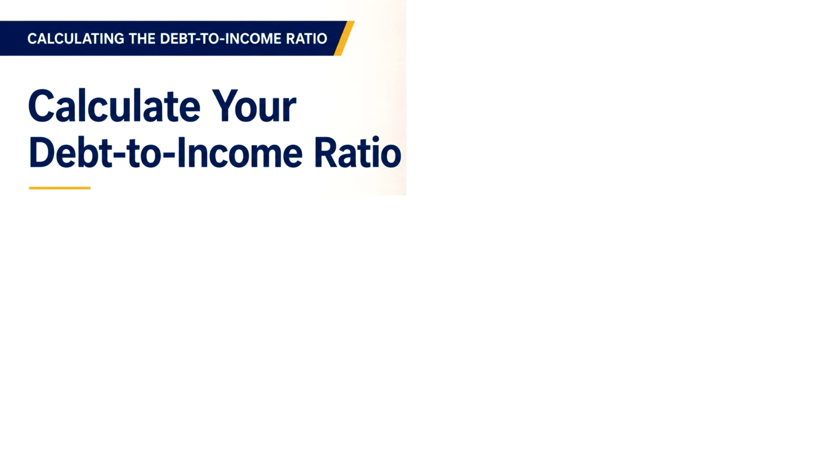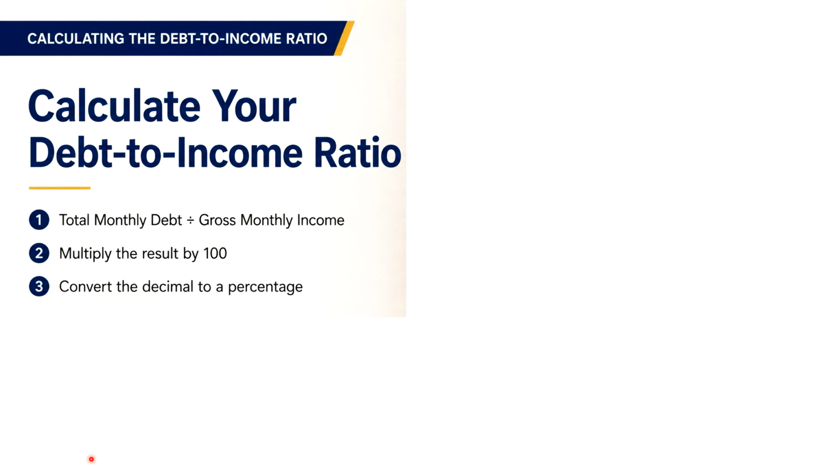Once you have determined your total monthly debt, locate your gross monthly income from Table 1 in Part 1. Use the formula: debt to income ratio is equal to total monthly debt divided by gross monthly income.